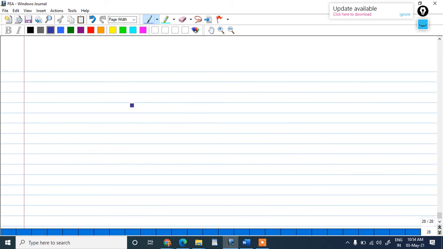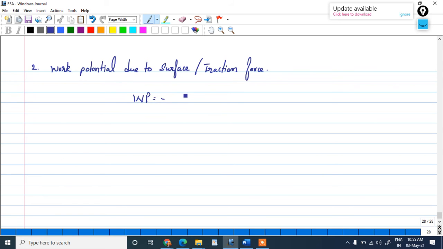We have one more, the second one: work potential due to surface force, which you can also call traction force. The formula is the same way: work potential with a negative sign, Tx into u plus Ty into v plus Tz into w.